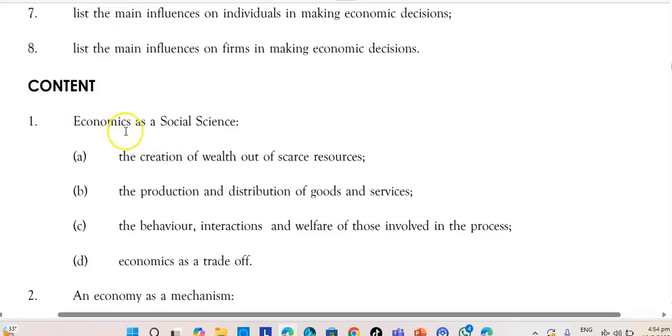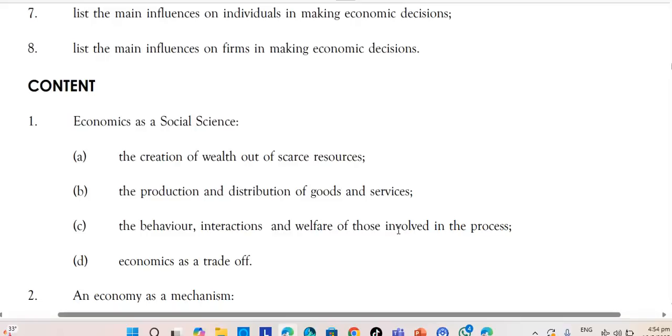Now, what do we mean by economics as a social science? The behavior, interaction, and welfare of those involved in the process. Economics studies, as we said before, the choices of individuals. So once you see a question asking you about economics as a social science in terms of the behavior, interaction, and welfare of those involved in the process, this is how you're going to answer that question. Economics studies the choices of individuals and groups.